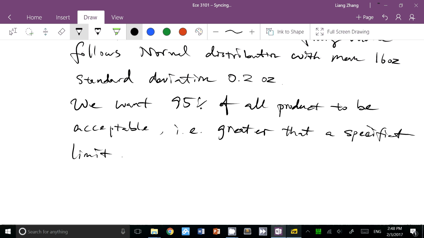Now, while we currently don't know what the specification limit is, we can actually calculate it.